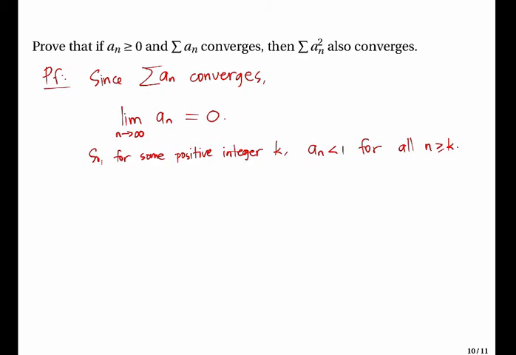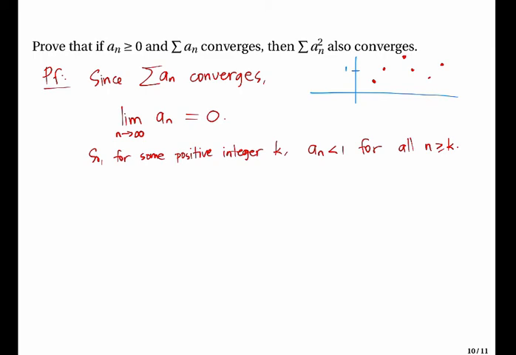Okay? If you don't believe that, let us try to sketch that. Your limit of a n as n approaches plus infinity is equal to 0. So if this is 1, then at some point, maybe your terms are like this, something like this. Those are your terms.